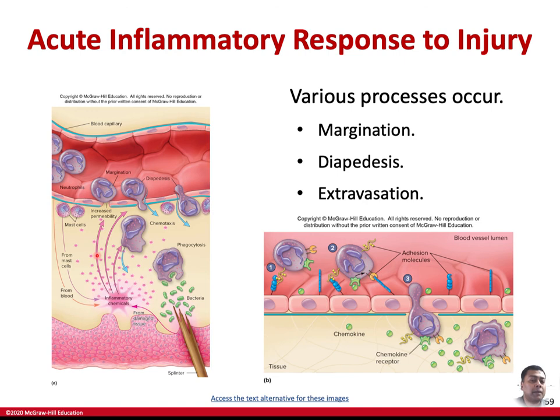One of the important chemical mediators is going to act on the nearby blood vessels. What you are seeing right here is a nearby blood vessel, which contains all these neutrophils moving inside the blood capillary. Once these cells express the selectins, you can see that there are some specific adhesion molecules present.